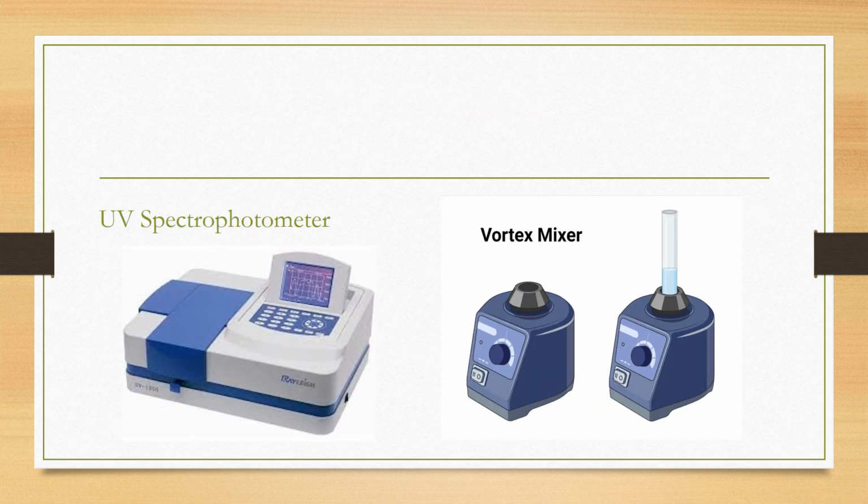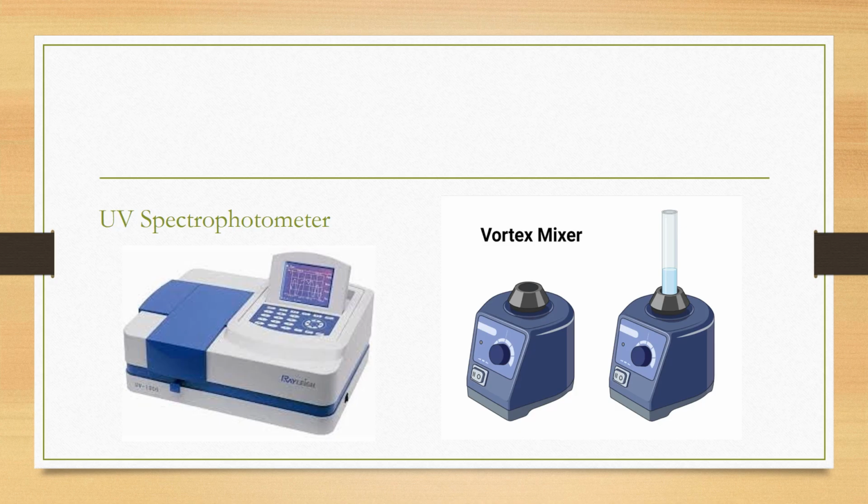Okay, these are pictures of a UV spectrophotometer. As you see, there is a screen, or we can connect it with a computer. The spectrophotometer makes a graph of the result of light absorption. So you will read the concentration of the carbohydrate samples through this screen in the spectrophotometer.